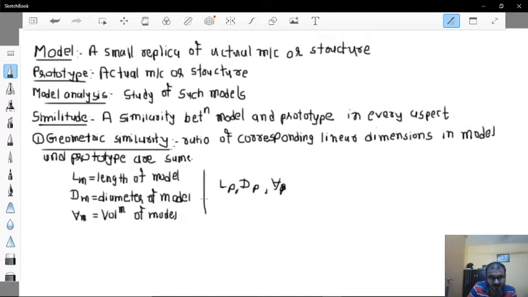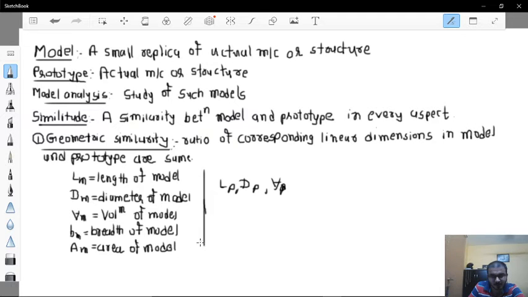Okay, few more dimensions are there, that is BM is equal to breadth of model, and AM being area of model. So here we can also add BP and AP.